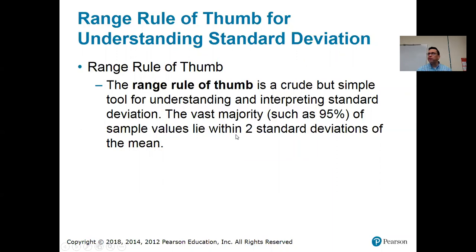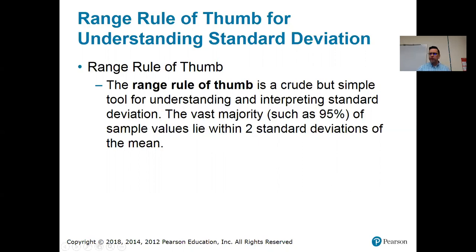So for example, with certain distributions that are normal, remember we talked about the normally shaped distributions that are kind of bell-shaped and symmetrical. If you have a normal distribution, about 95% of your data will lie within 2 standard deviations of the mean. Okay?